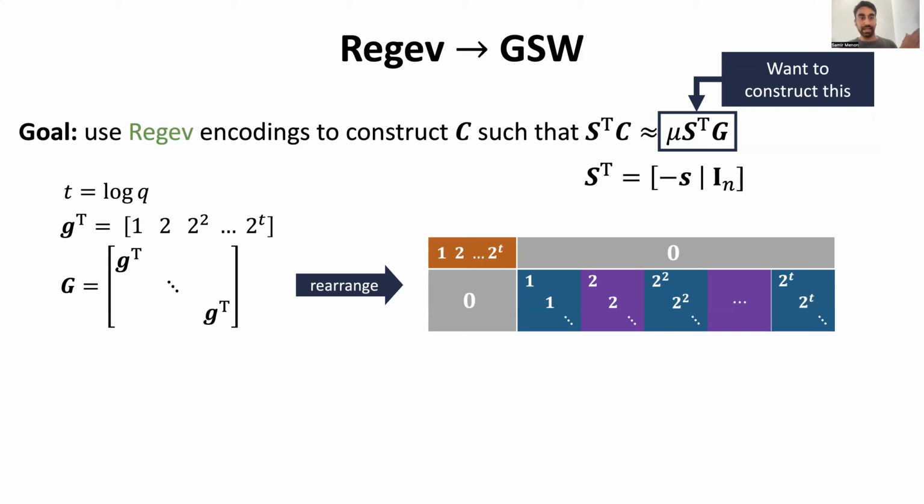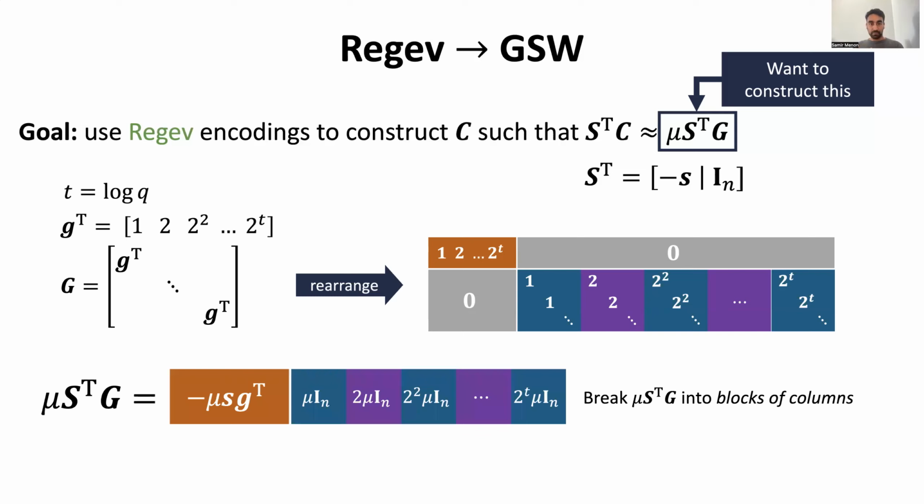So all I've done here is I left the first t+1 columns fixed, and then I just permuted the rest of the columns so as to form this: on the left, I just have the standard G^T, like the standard powers of 2, and then on the right, I have a bunch of submatrices that are just like the identity matrix scaled by powers of 2. So this will help me explain how our construction works. I'm just rearranging. The rearrangement is reversible, so it's all equivalent.